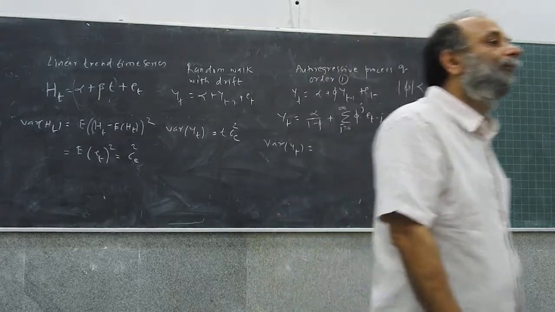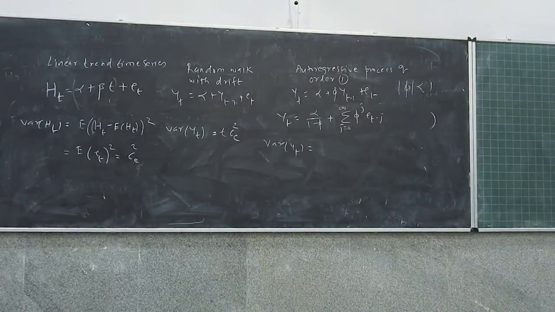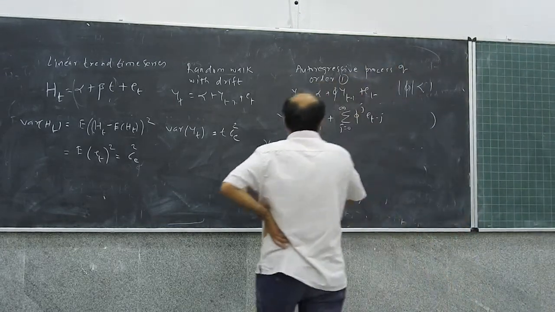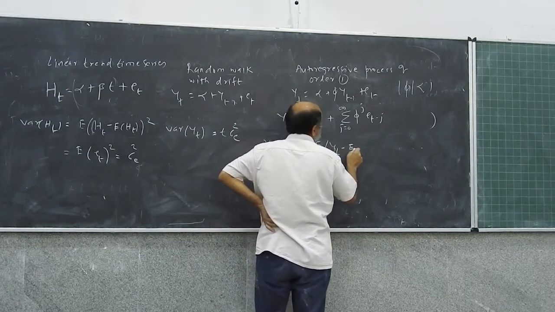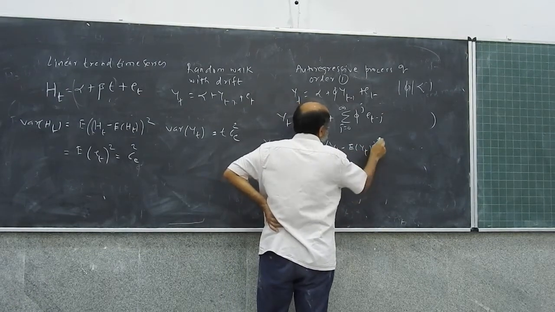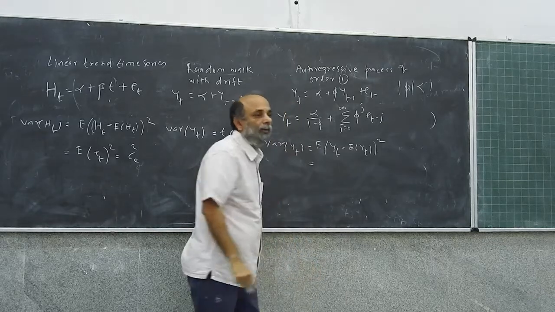Expectation of YT minus expectation YT, the whole square, which is what?